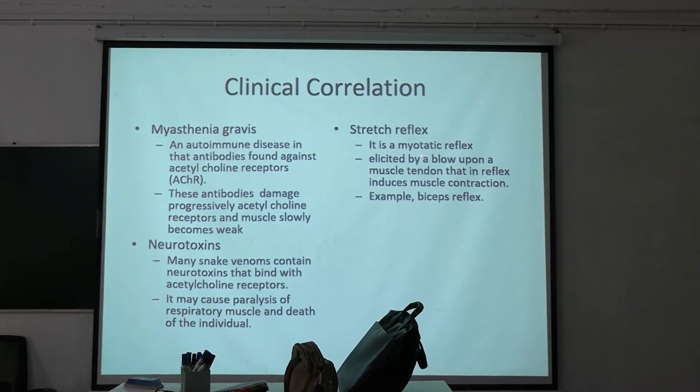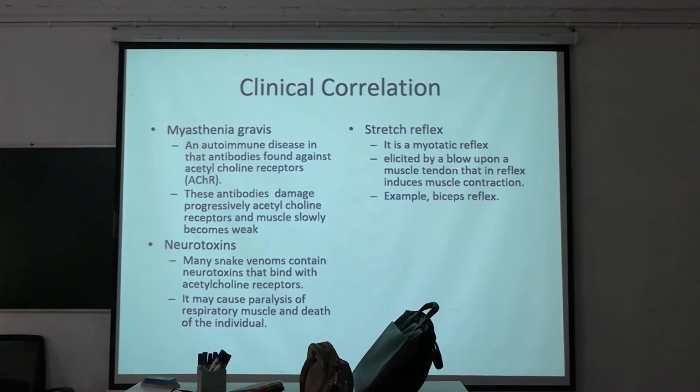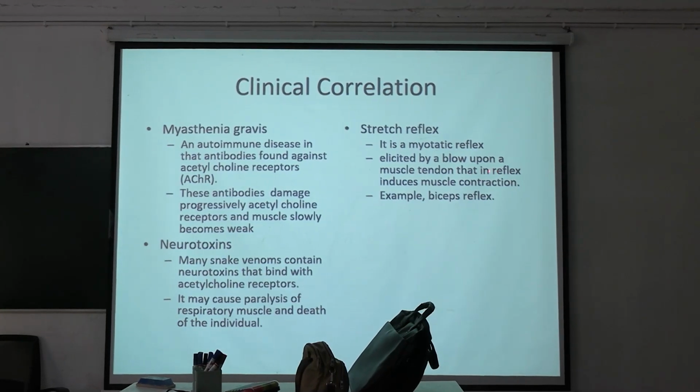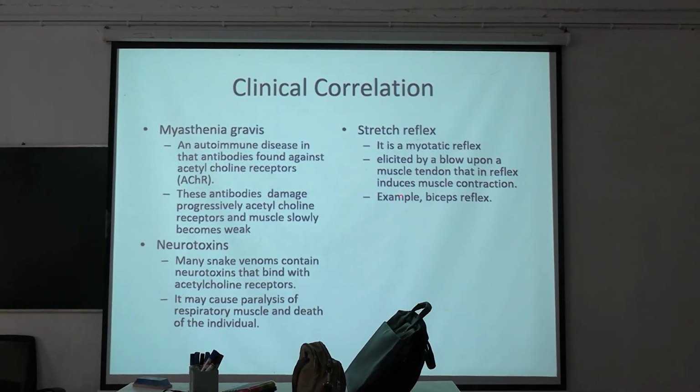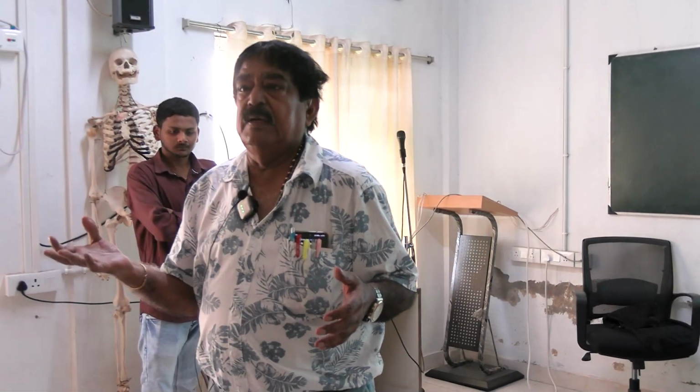Stretch reflex is a myotactic reflex elicited by a blow upon a muscle tendon, which induces muscle contraction, for example the biceps reflex. If any patient says she has weakness of the right hand or right upper limb, then you routinely test the biceps tendon.